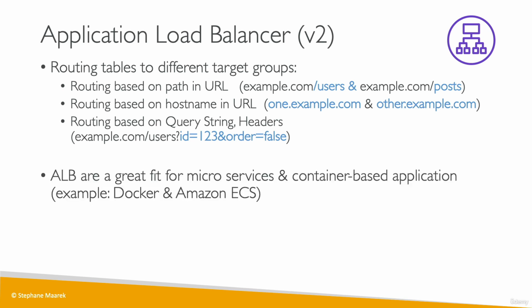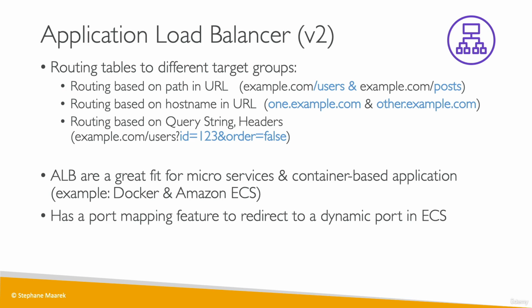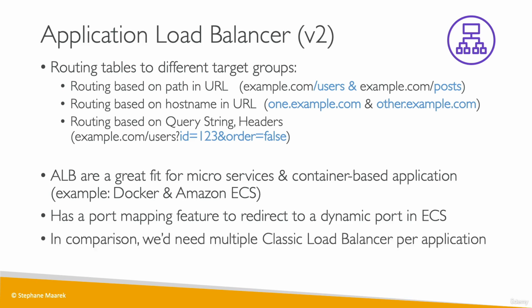ALB, which is short for application load balancer, is great when you have microservices and container-based applications. As soon as we learn what Docker and Amazon ECS are, ALBs are going to be the go-to load balancers, because they have a port mapping feature, which allows you to redirect to a dynamic port on the ECS instance. More on that directly in the ECS section.